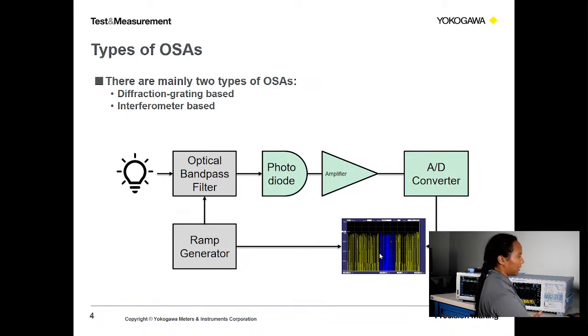It's a little hard to see, but that display with the blue markings is a reading from one of our OSAs. And then it also goes from a ramp generator, and that ramp generator is a combination of either the mirrors from the interferometer or the grating. So going on.